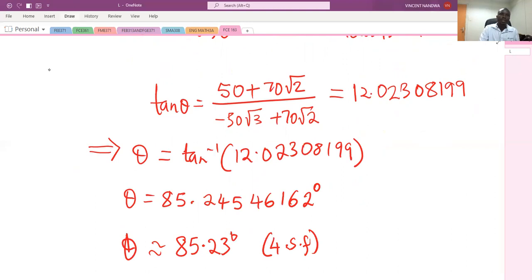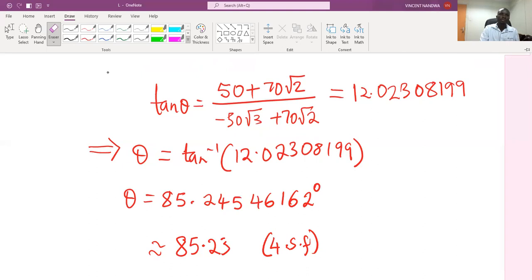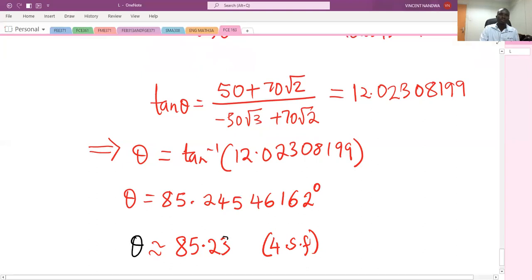And then, to get the value of P, we use one of the equations.